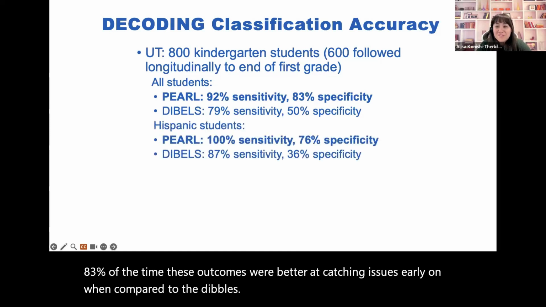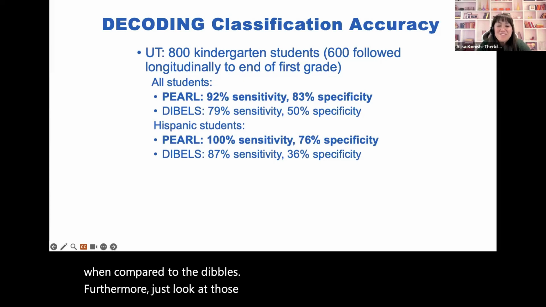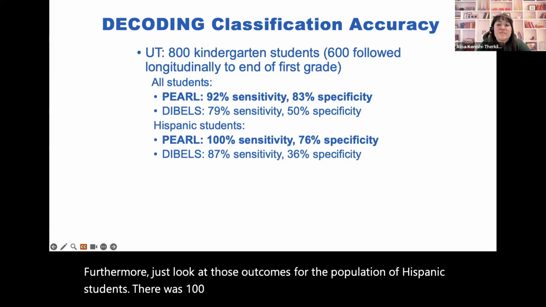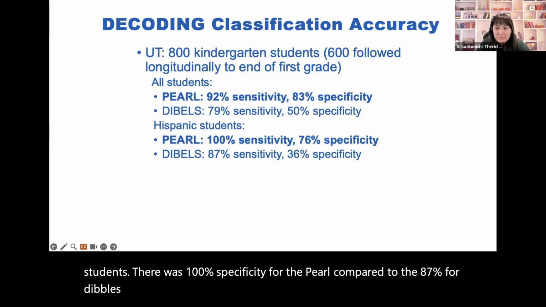Furthermore, just look at those outcomes for the population of Hispanic students. There was 100% specificity for the Pearl compared to the 87% for Dibbles, which 87% is not bad, but it's no 100%.